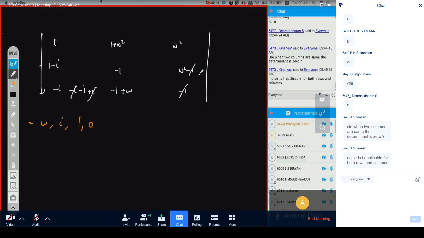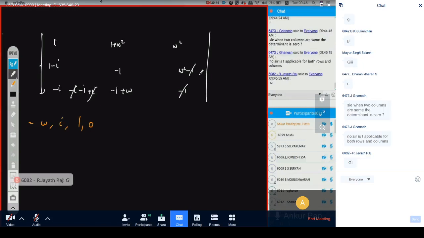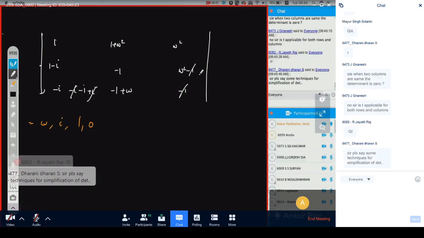Got it? Is this applicable for both rows and columns? Sir, when two columns are the same, the determinant is 0. Yes, Ganesh, it is applicable for both rows and columns. Yes.